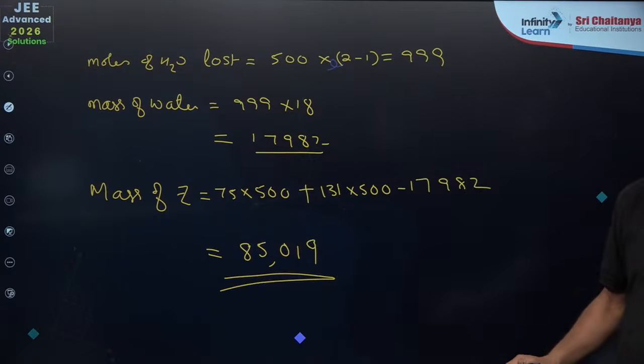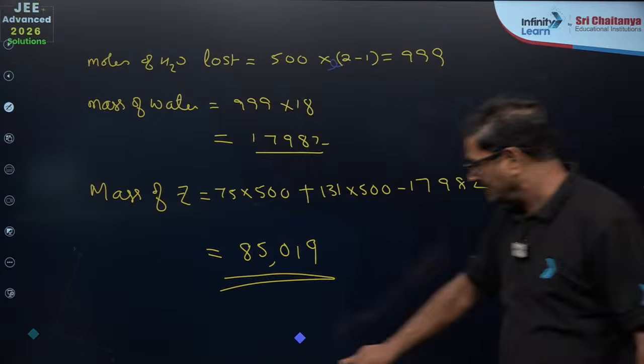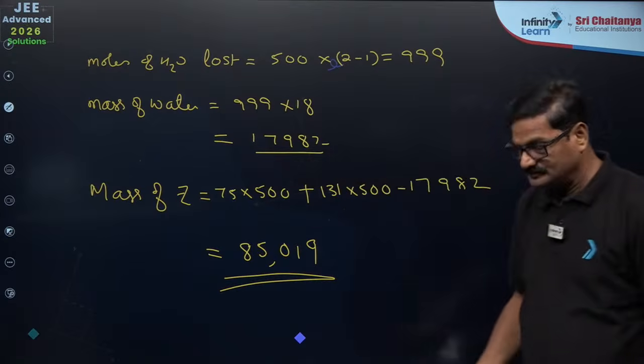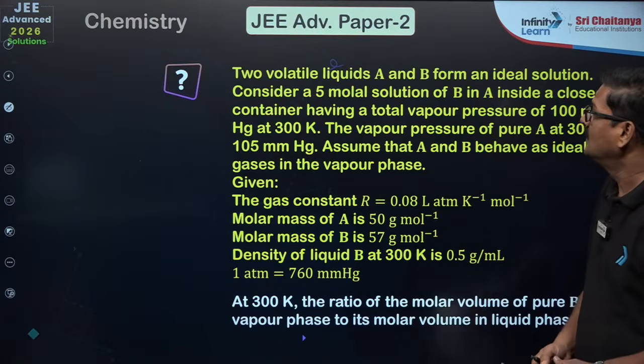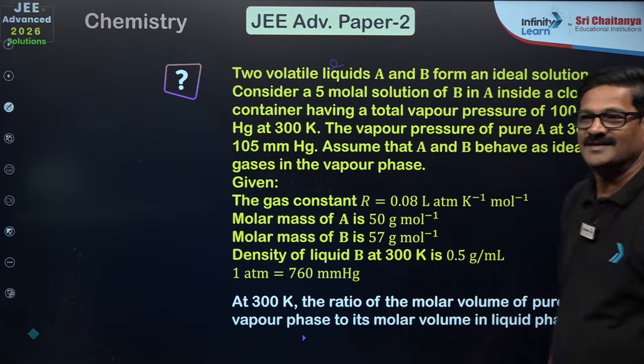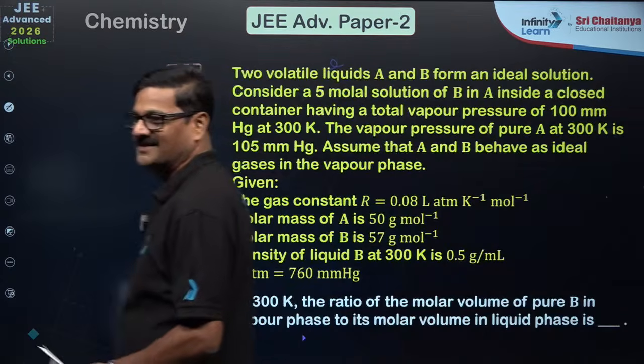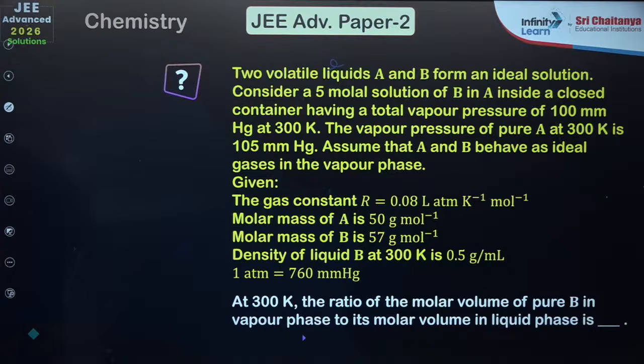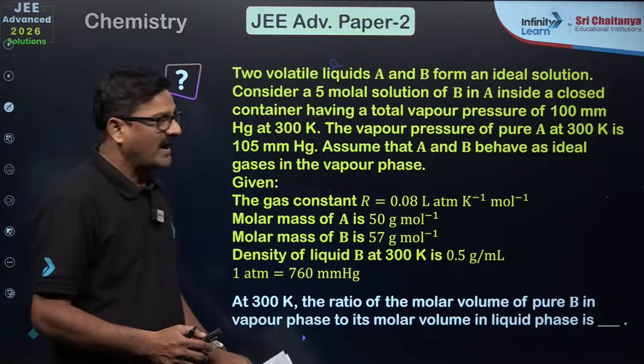Okay. Next, two volatile liquids. Again it is coming to Raoult's law. Two volatile liquids A and B form an ideal solution.